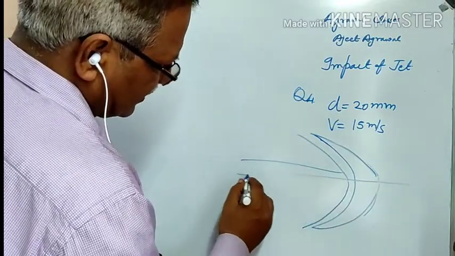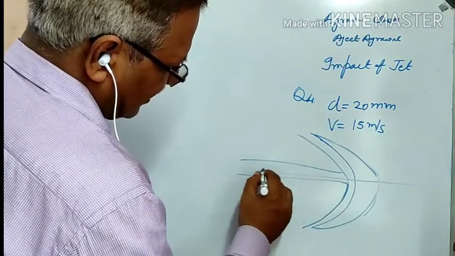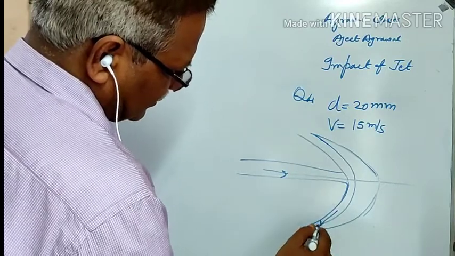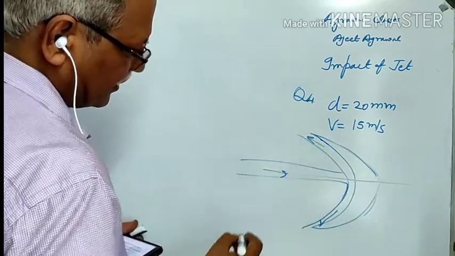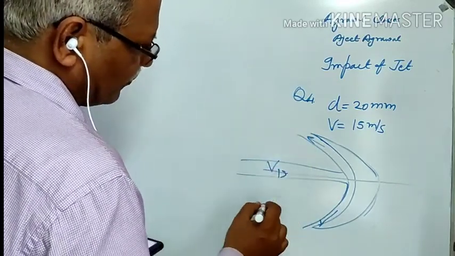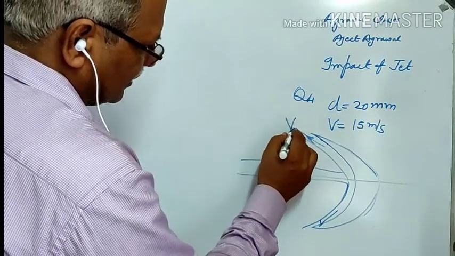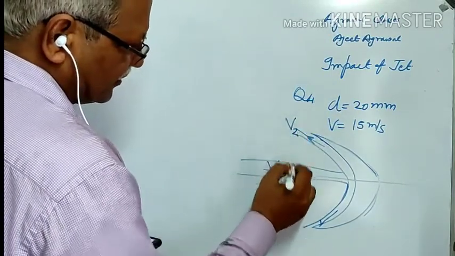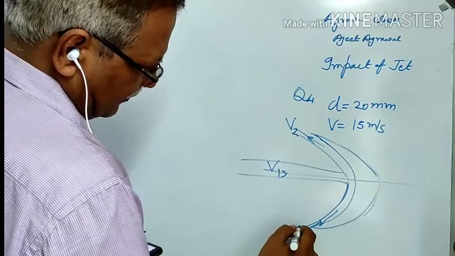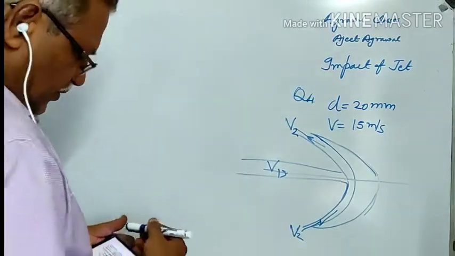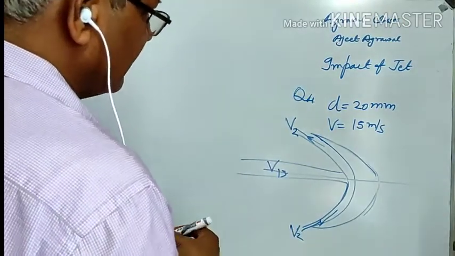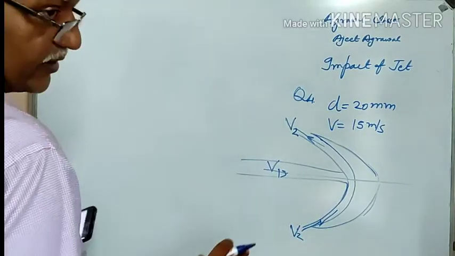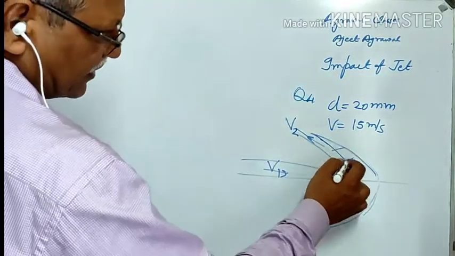The jet is coming in this direction and it is getting deflected. One part is going here, the other part is going here. The initial velocity is say v1 and the final velocity, which earlier we had considered as v1, here we are considering as v2.